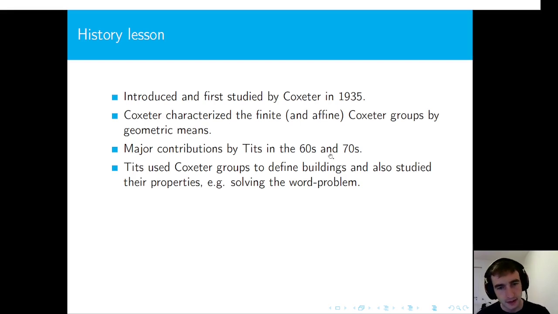And he also studied Coxeter groups from the algebraic perspective. For example, he gives a solution to the word problem. And the word problem in Coxeter groups is especially nice to solve because if you want to reduce a word, what you have to do is, of course, use the relations.